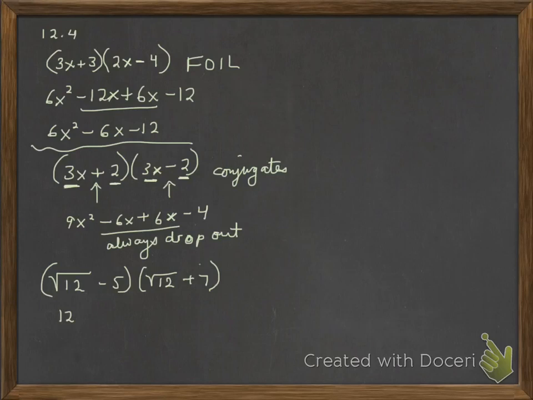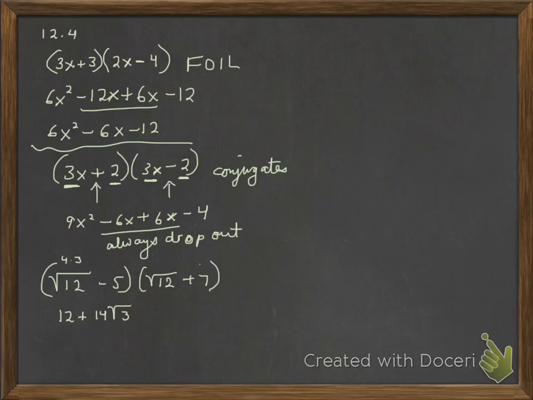Square root of 12 is going to be the same as 4 times 3, or 2 square root of 3. So we're going to get plus 7 times 2, 14, the square root of 3. Do you see how I did that?